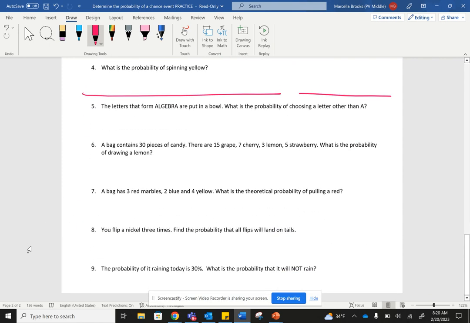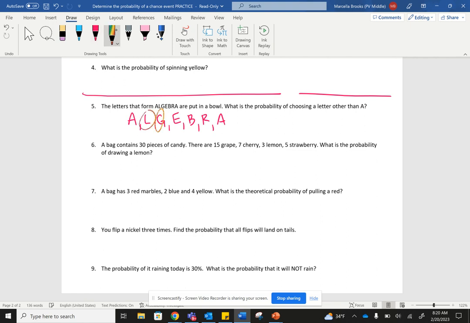All right, number 5. The letters that form algebra are put in a bowl. What is the probability of choosing a letter other than A? So here's our sample space, A, L, G, E, B, R, A. What is the probability of choosing a letter other than A?